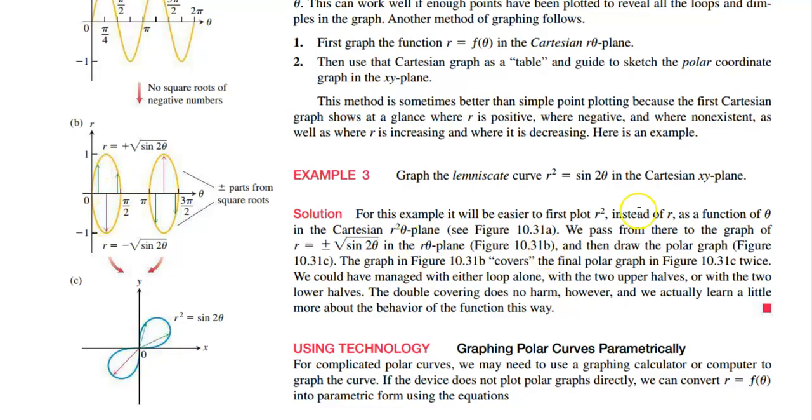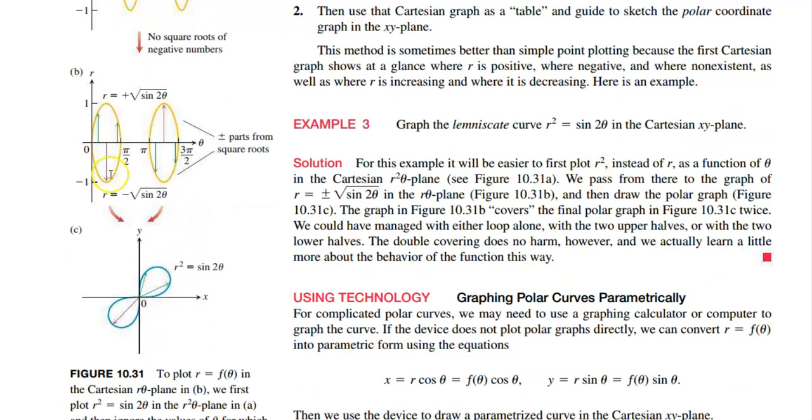Then we draw the polar graph once we see the shape of it. We could have managed with either loop alone, with the two upper halves, or with the two lower halves. The double covering doesn't do us any harm, however, and we learn a little more about the behavior of the function doing it this way.